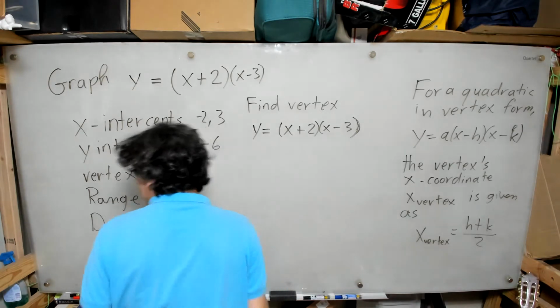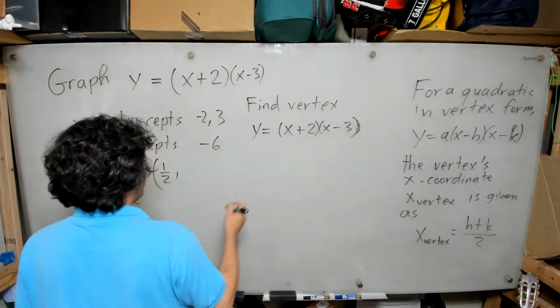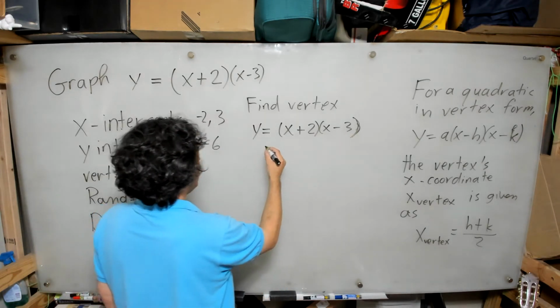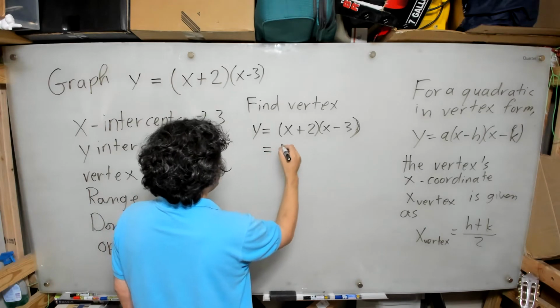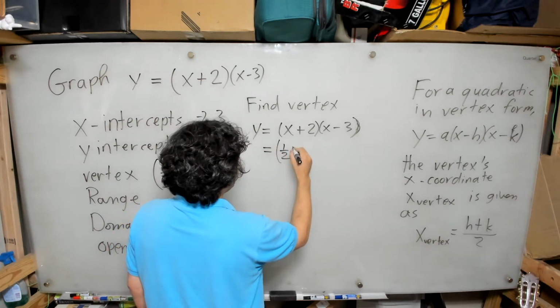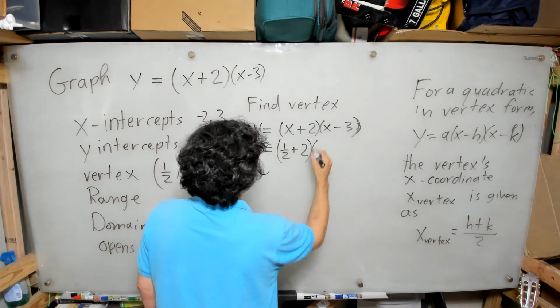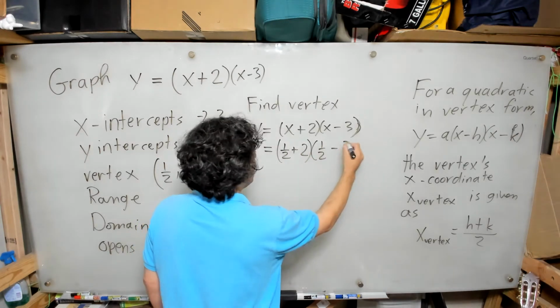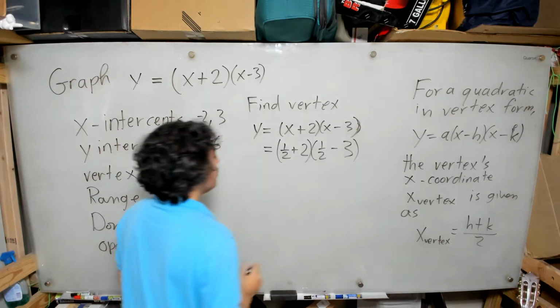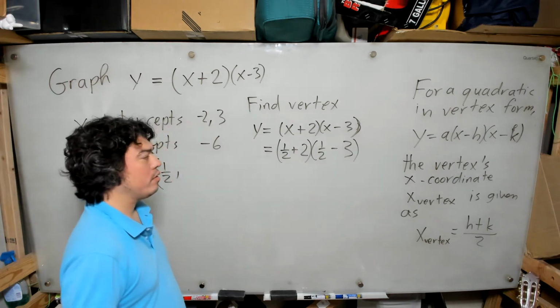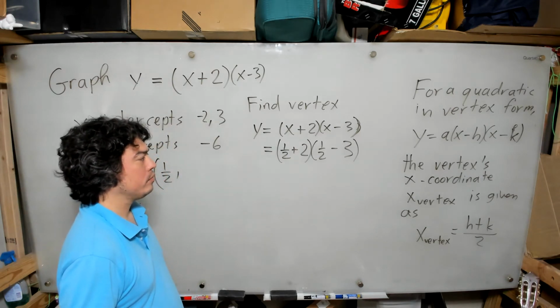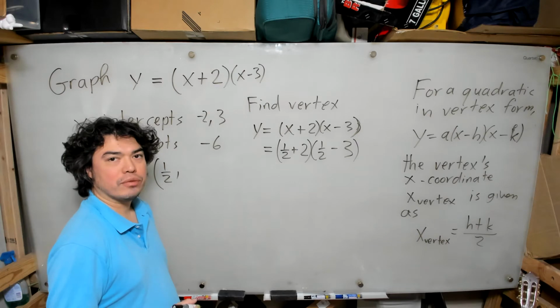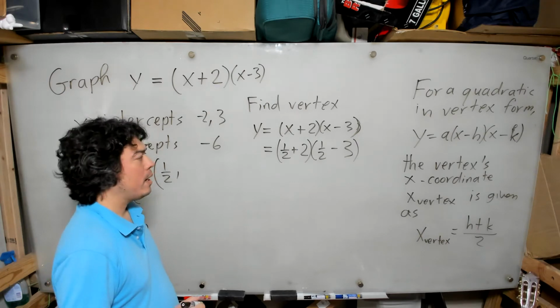Okay. So for example, if I plug in 1/2 here, what happens? Okay, so this will become 1/2 plus 2, 1/2 minus 3. Okay. Now, if you wanted to, you guys could plug this into a calculator.